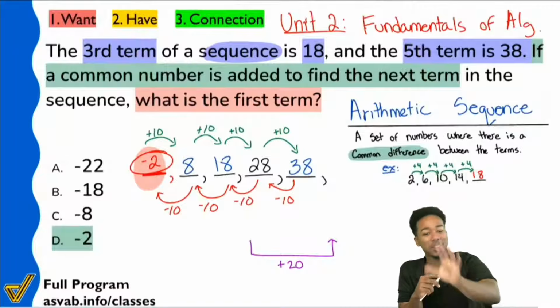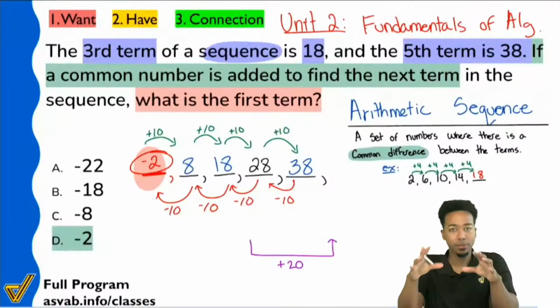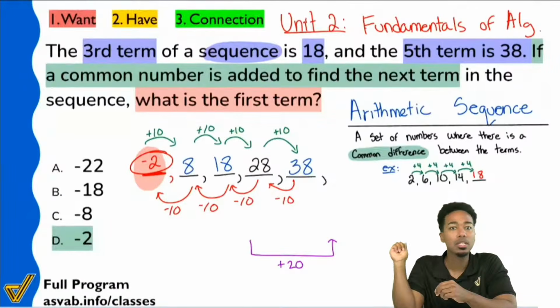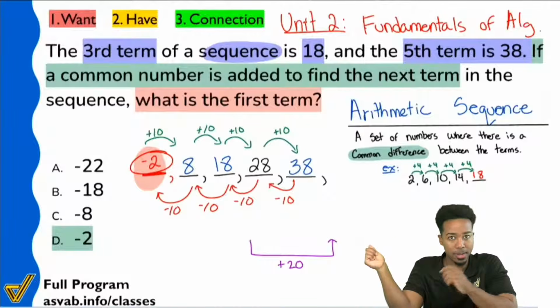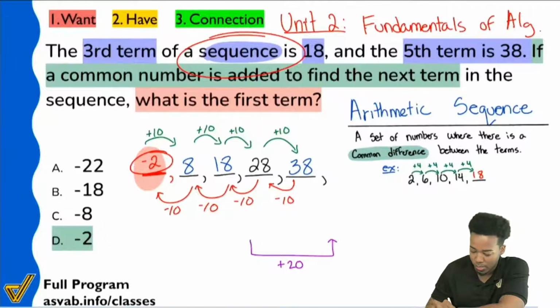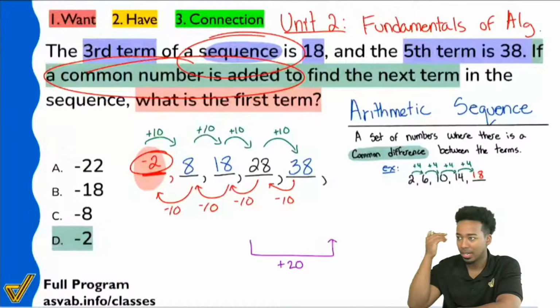I'm so happy about that because at the end of the day, if you're going to remember anything about this class, the main difference in math knowledge between success and failure is simply knowing the math, recognizing and knowing the math. The moment you see sequence and common number being added, arithmetic sequence.